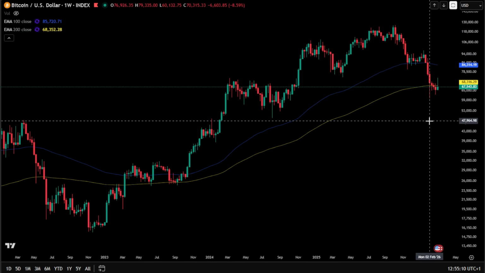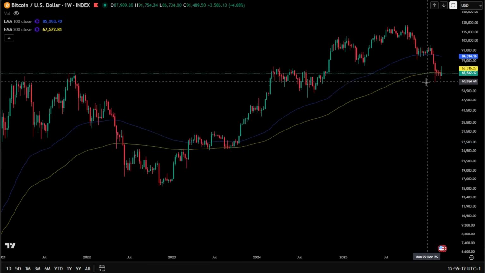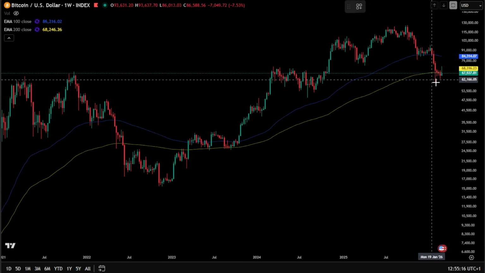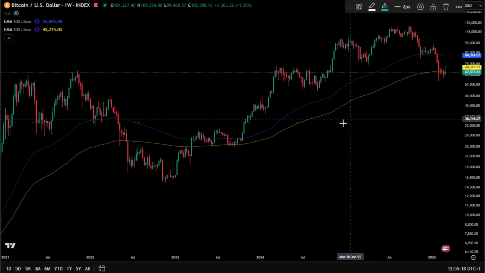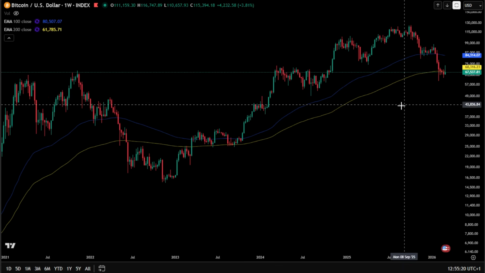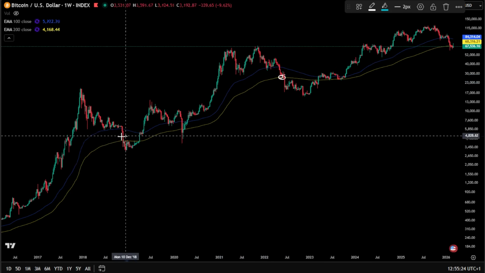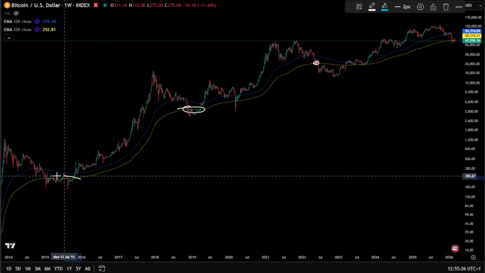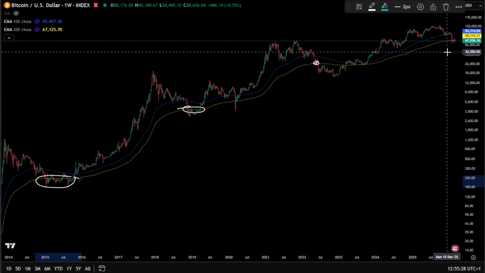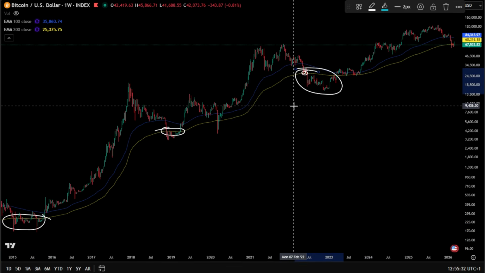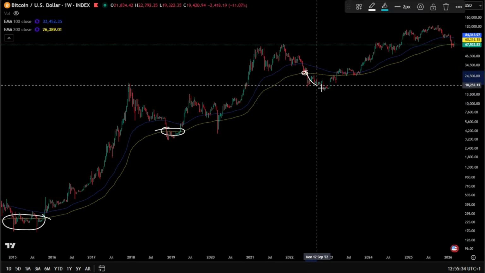Finally we're gonna see the weekly, even the weekly here is broken. Yeah, the weekly EMA 200 is broken, the yellow one. That is a very strong bearish signal, so we gotta be careful. We saw this before. Once the weekly is touched, normally we see some rebound, but for example the latest bull run, it has dived deeper.